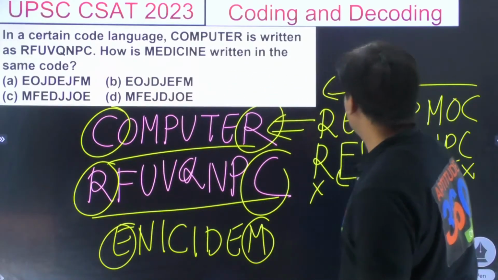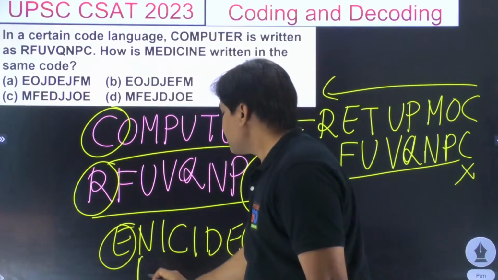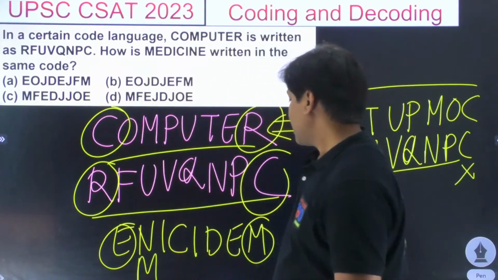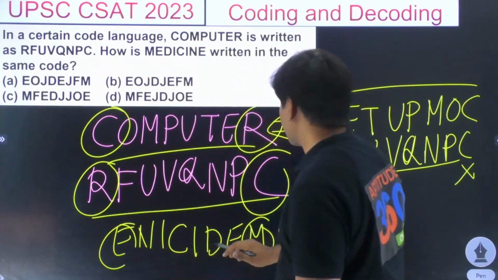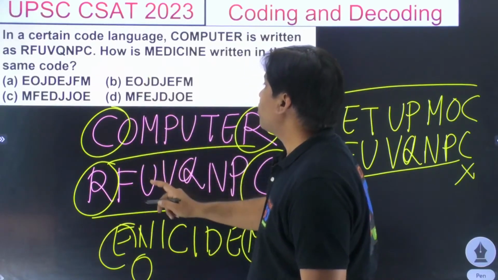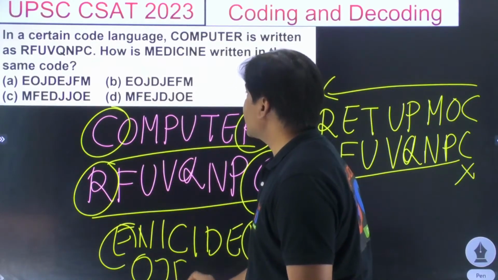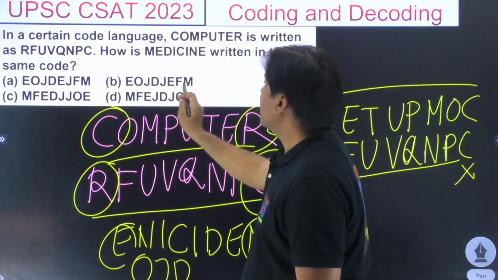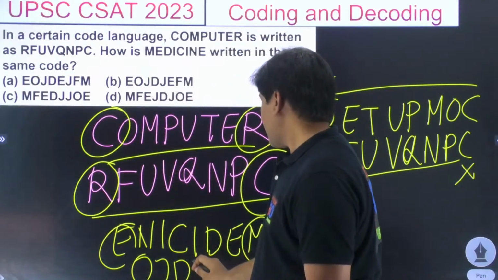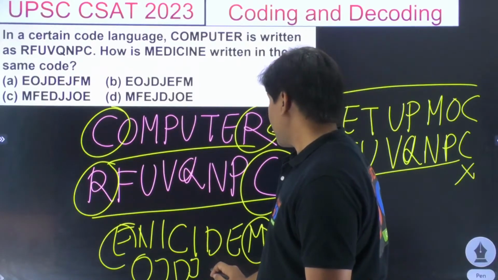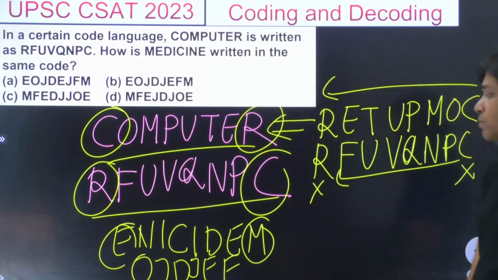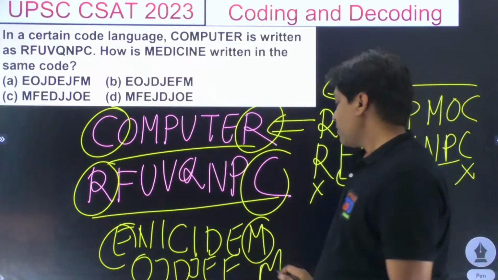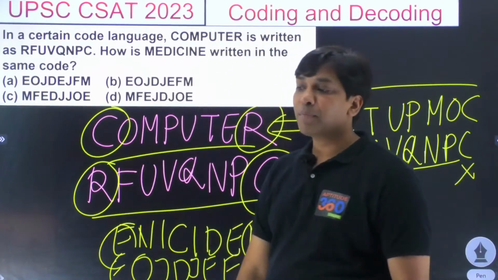And then E becomes M. So where N becomes O, E O, J यहीं पे है, C का बना D, तो D यहाँ पे, M F E I J D E F. What is the option? B is the option. E O J D E F. Yes, B is the option. Even I am getting the B.